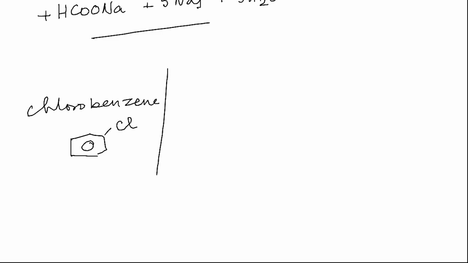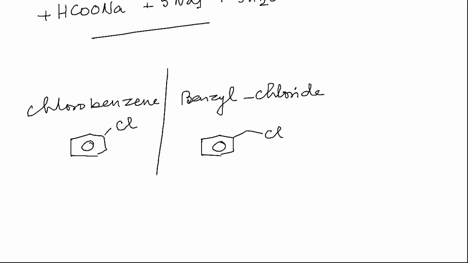And if you are writing benzyl chloride, then there is a C6H5 and there is CH2Cl. So this is the major difference between benzyl chloride and chlorobenzene.